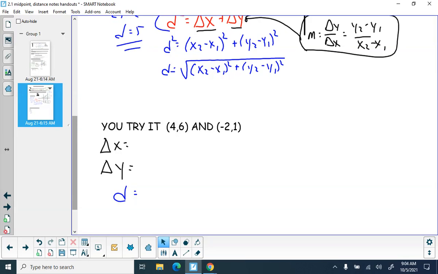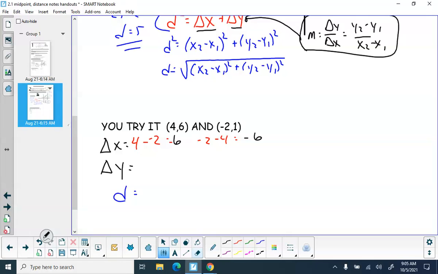So it should not matter if you go 4 minus a negative 2, or a negative 2 minus 4. It should not matter, because one's going to give you a value of 6, one's going to give you a value of negative 6.